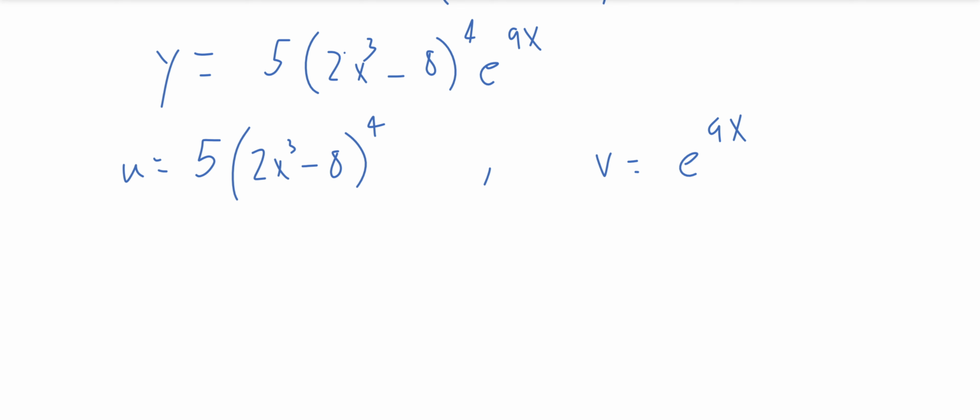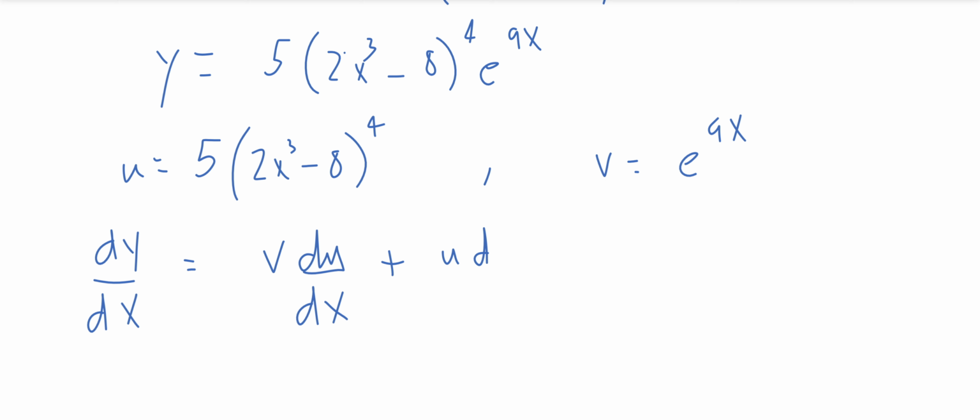And the product rule is this. When you're multiplying a function by another function, or u multiplied by v, then dy by dx equals v multiplied by du by dx plus u multiplied by dv by dx.